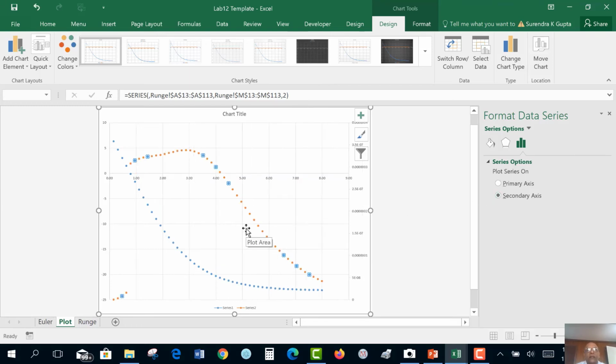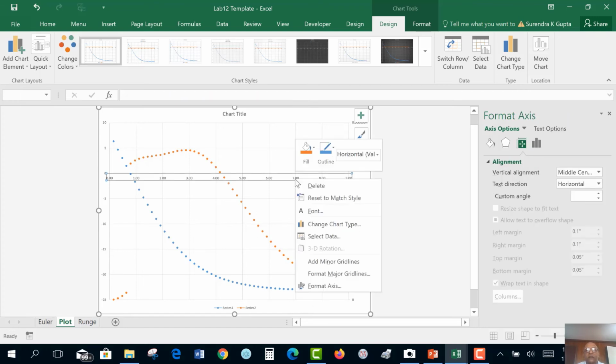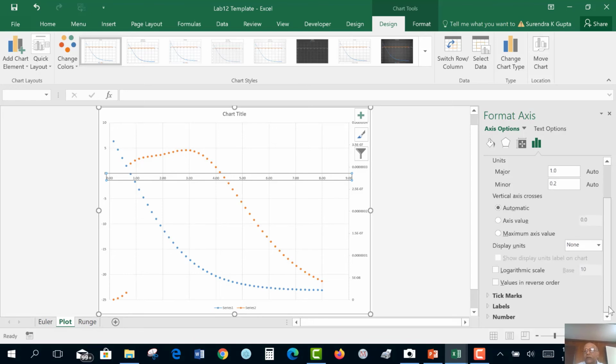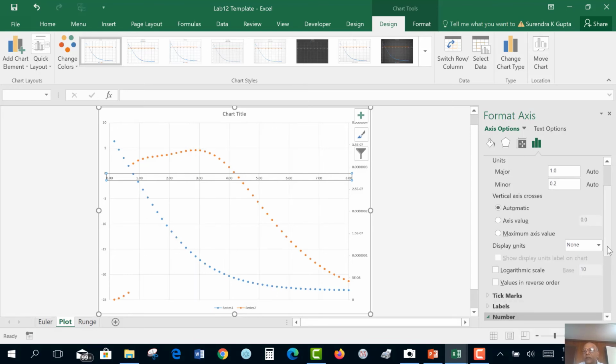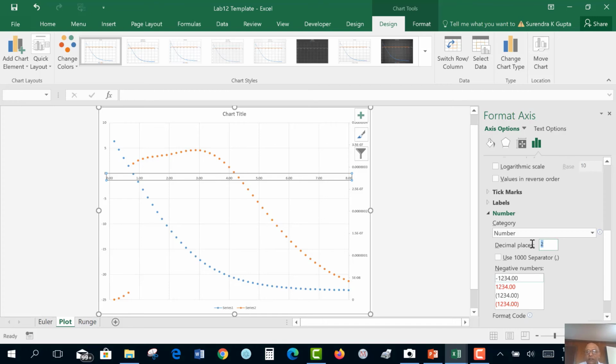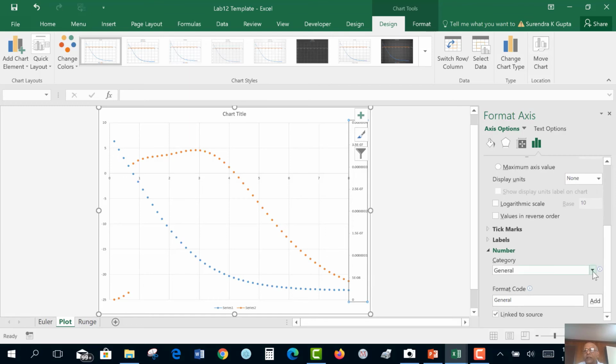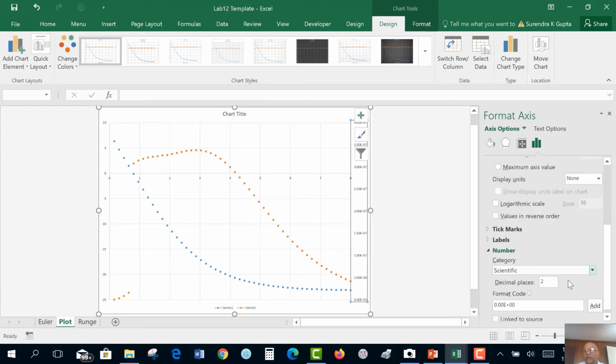All right, let's do some axis formatting. So let's format that axis. Need to go only up to 8. We don't need so many decimal digits. 0 is good enough. All right, that looks pretty good. Let's adjust this. So let's format this to scientific, and we just need 1 digit.